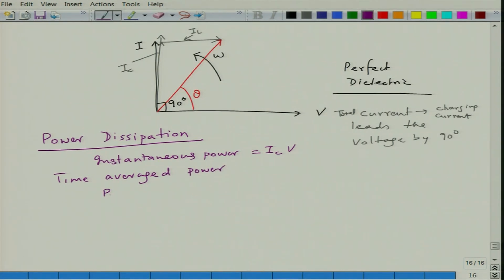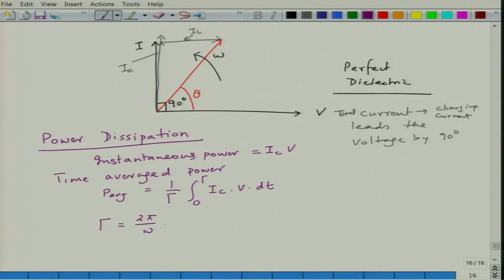The time averaged power, P average, is 1 over the time period, integration over the time period of I_C times V times dt, where the time period is given as 2 pi divided by omega.